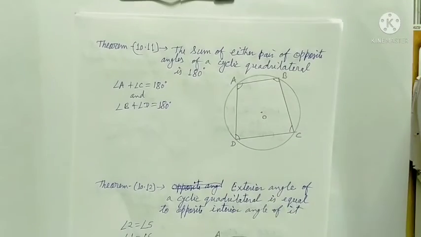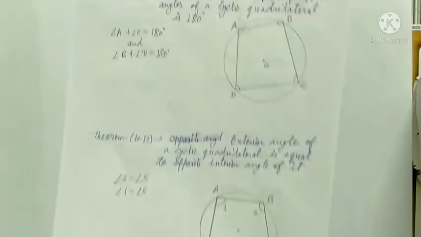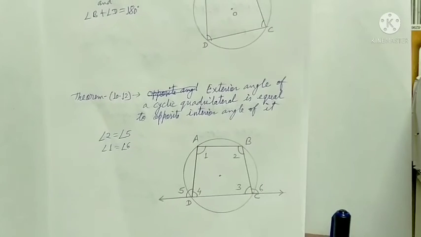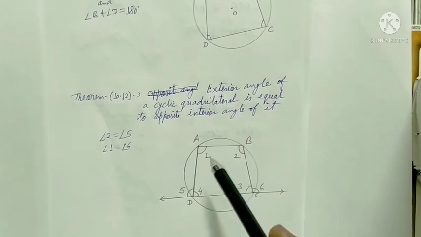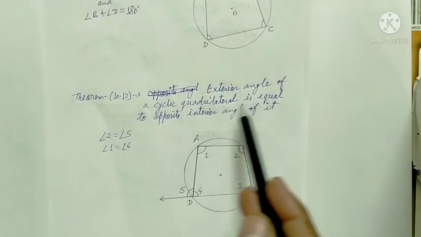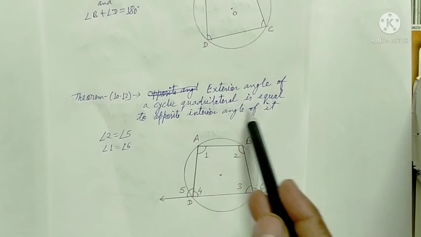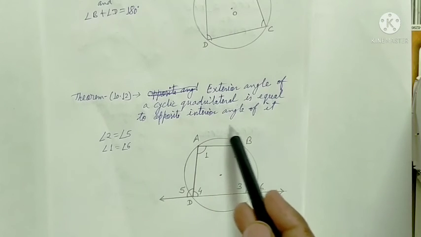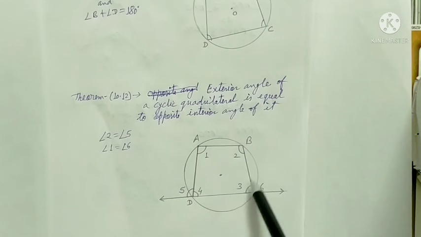Okay. Next, Theorem 10.12. Actually, I am taking this theorem from my side. It is not given in NCERT. The exterior angle of a cyclic quadrilateral is equal to the opposite interior angle of it. Here you can see a cyclic quadrilateral ABCD, with side CD produced and side DC produced, so angle 5 is an exterior angle and angle 6 is also an exterior angle.